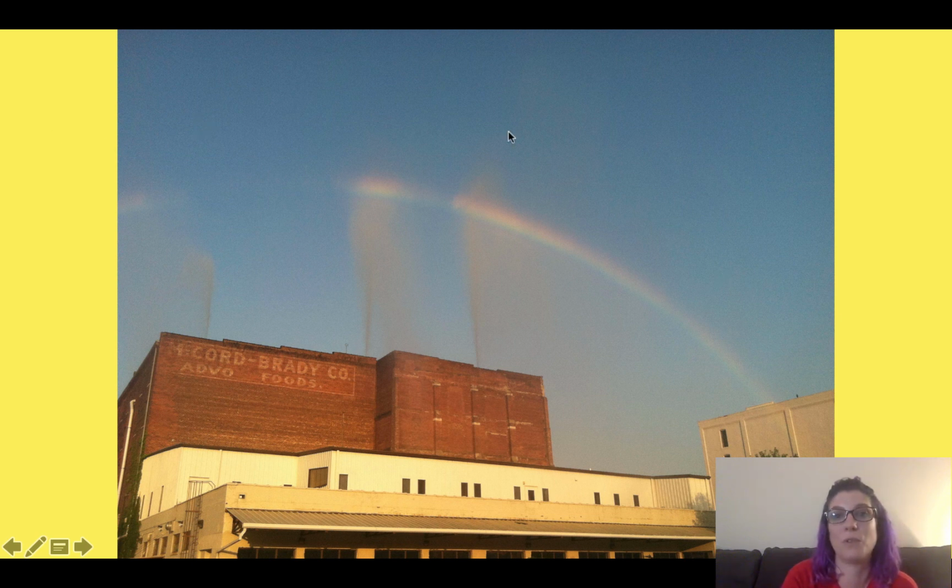There's no clouds. So, I kind of like to show my students this because I hear a lot of people telling me that they're not really into science, or they might have kind of a negative idea of science, and that maybe they're more into art, maybe they're more into something else.